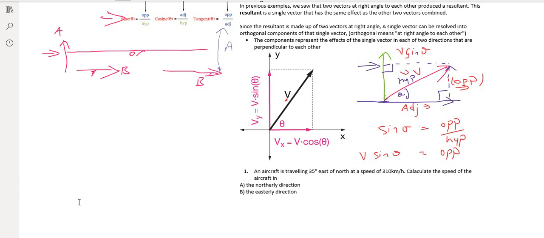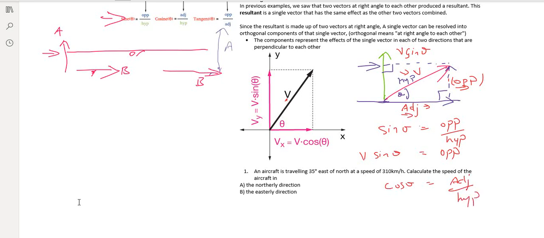All right, then we want to know what is the adjacent, so to speak. The equation that links that says cosine theta is equal to adjacent upon the hypotenuse.